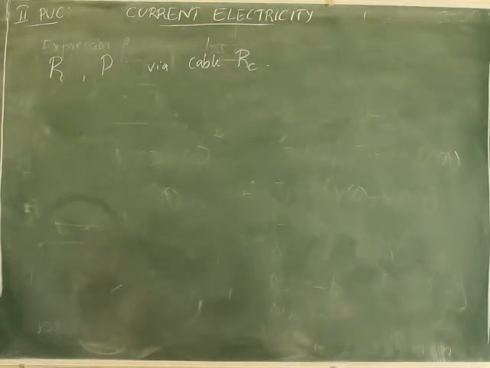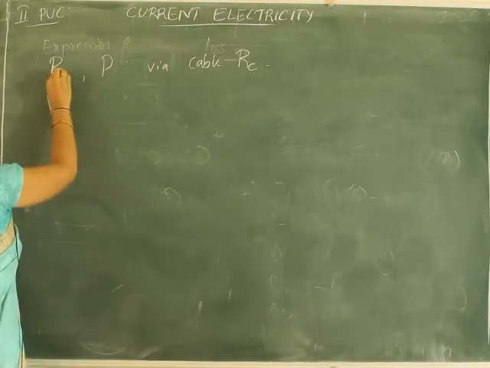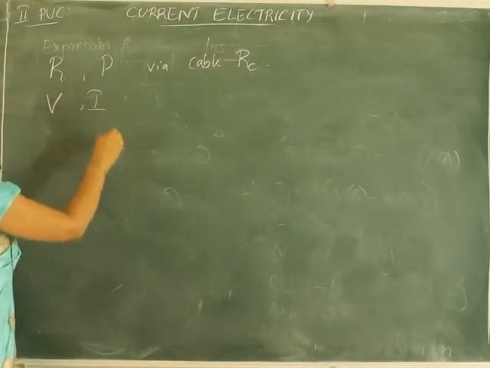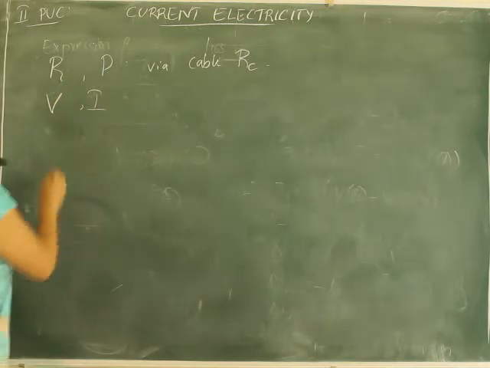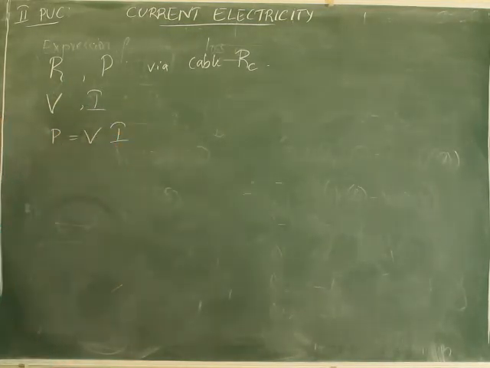Now, if V is the voltage across R and I is the current through it, then can I write P is equal to VI? Next, the power dissipated in connecting wires, let it be PC.